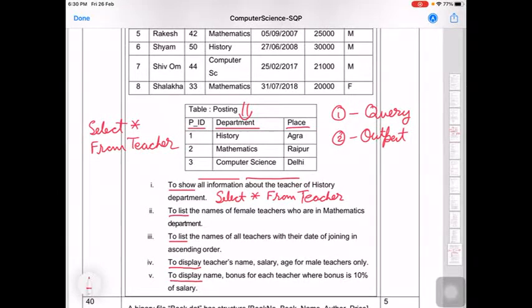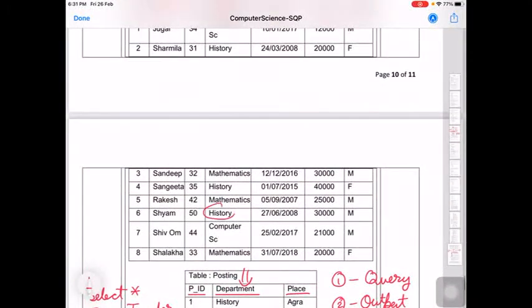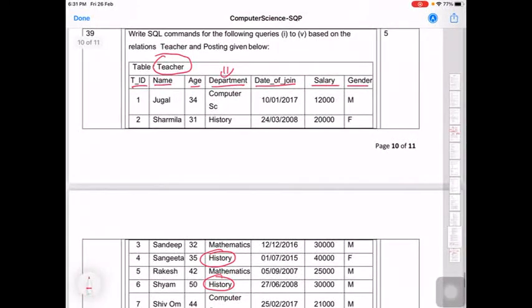So here we have the history department. It means you do not want the details of all the teachers, you want the details of just the history department. That means you have a where and you have to search for history. The name of the column is department.